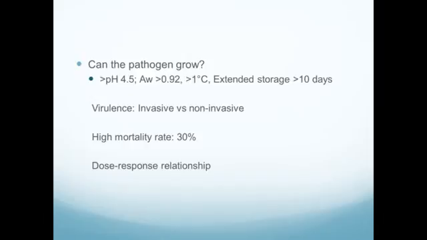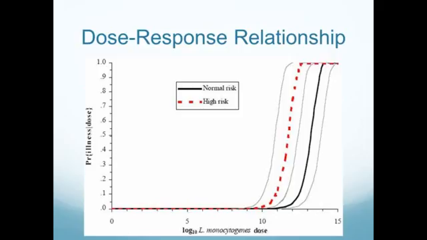And then we look at the severity of the illness. Well, yes, listeriosis gives a 30% fatality rate, which essentially means that it is going to be very severe and therefore high risk. But then we have to look at the dose relationships.